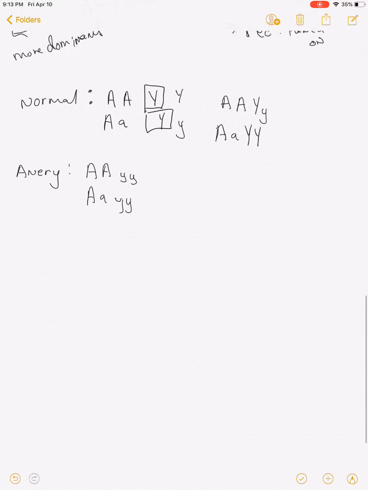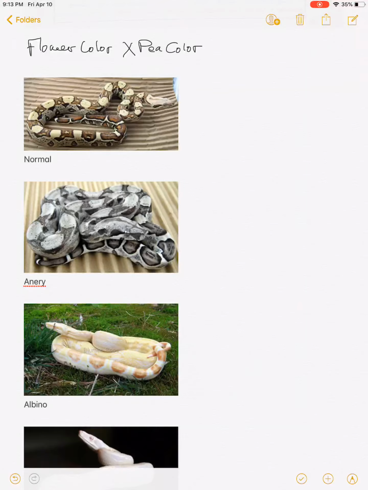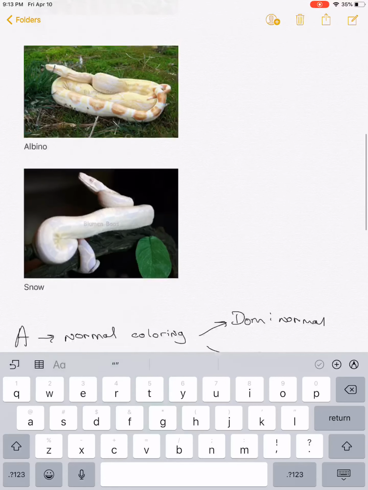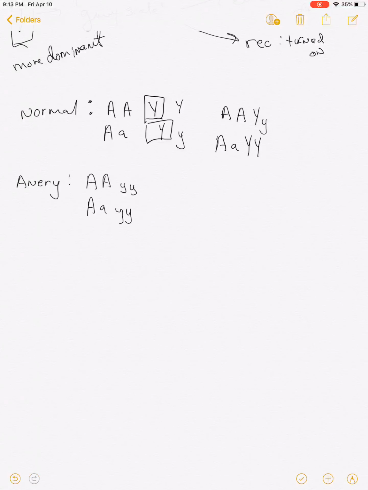So essentially when we go back up here and we look at it, it's just the normal coloration turned grayscale. Don't need that.